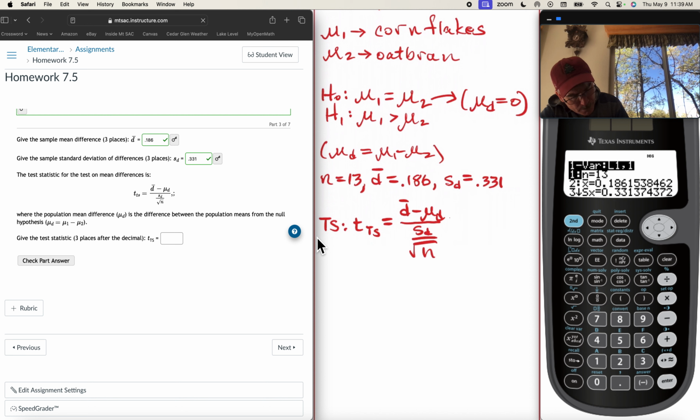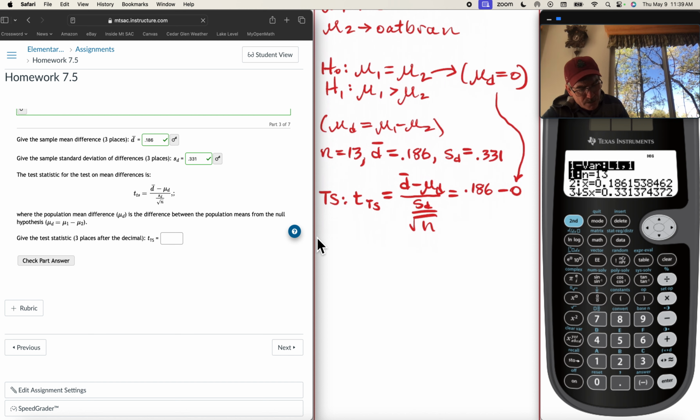All right, so the D bar was 0.186. Up above here we're assuming mu D is 0, so this will be minus 0, and we'll always have a minus 0 there. So you don't really need to put it in on the calculator. I will, just because somehow it looks better to me. And then the SD has the 0.331 over the square root of n. That'll be the square root of 13.